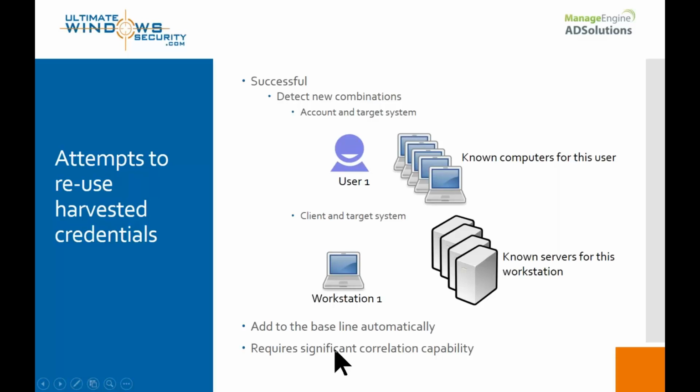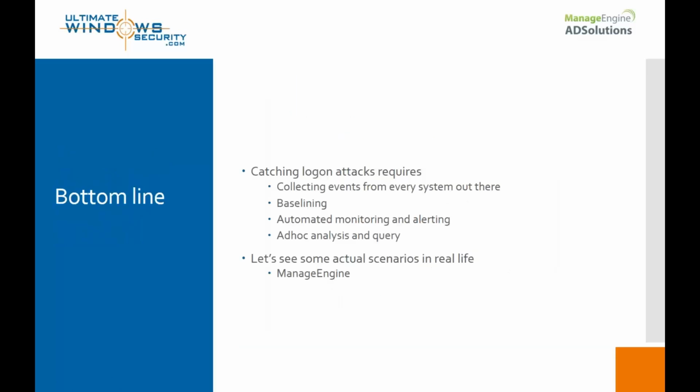Now, this does require significant correlation capability because you're comparing a new event against historical events. And the baseline needs to be dynamic. Otherwise, you're going to have to maintain the baseline.